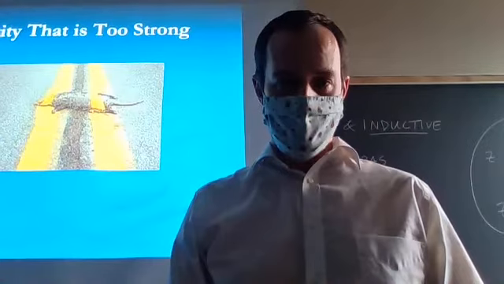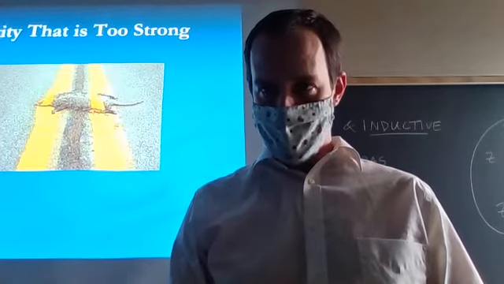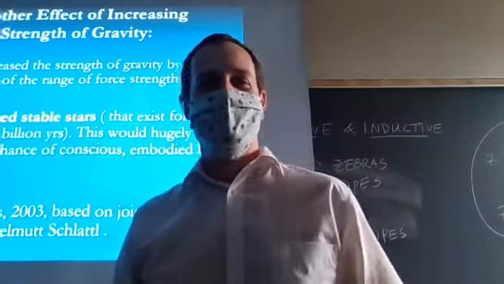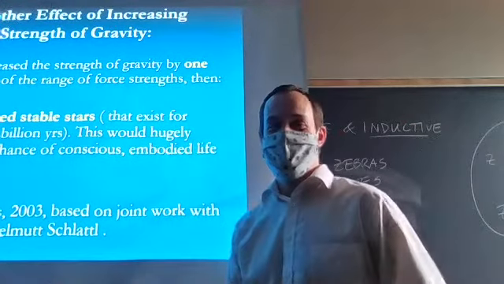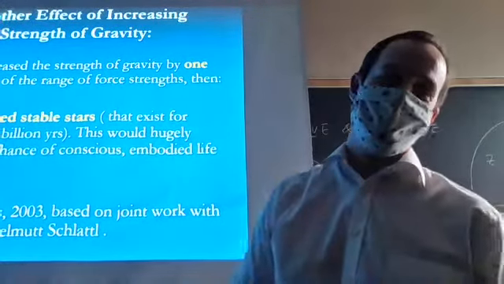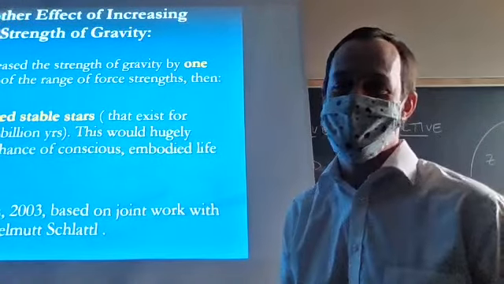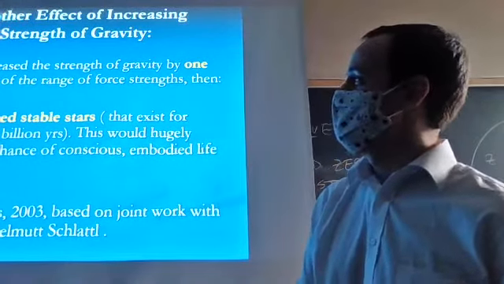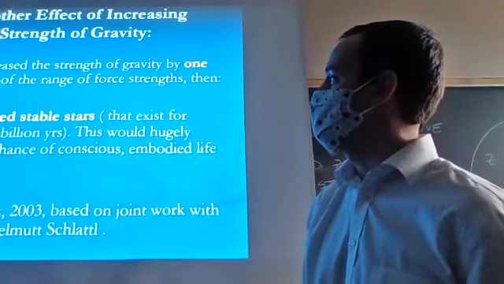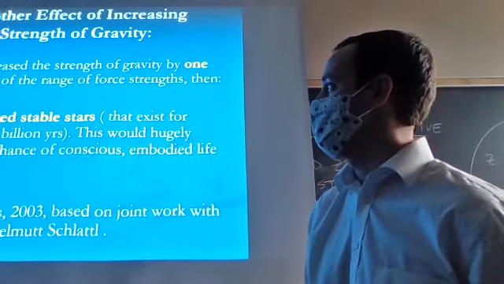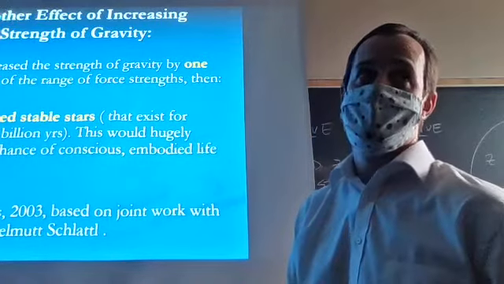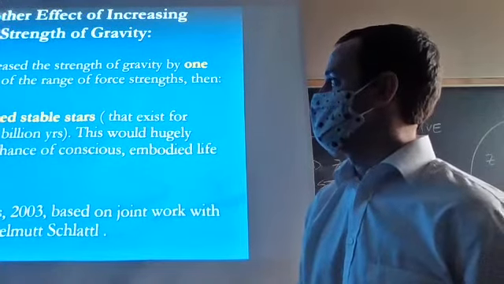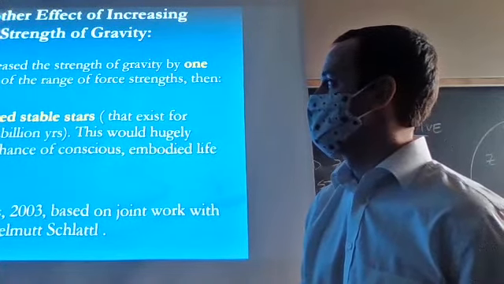Okay, here's my illustration of gravity that is too strong. If one increased the strength of gravity by 1 part in 10 to the 37th of the range of force strengths, then we would have no long-lived stable stars. This would hugely decrease the chance of conscious embodied life evolving. You basically have to have long-lived stable stars, stars that exist for longer than 1 billion years.